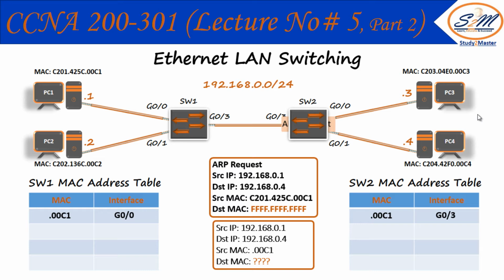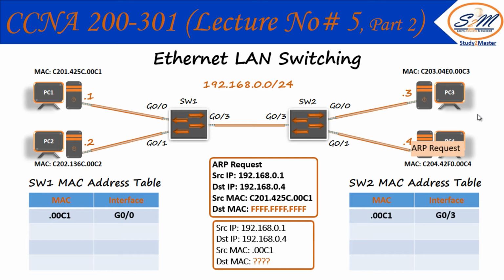Switch 2 passes this frame to all interfaces except the interface it was received on. So PC3 ignores it, and PC4 recognizes that this ARP is not for PC3. Now switch 2 learns the MAC and the interface: it received the ARP request on gig 0/3 from the MAC address 00C1.